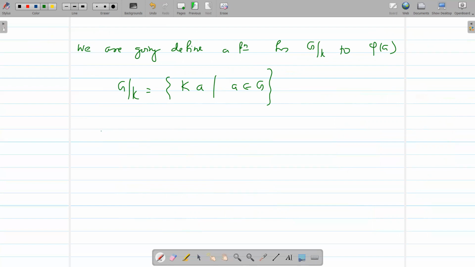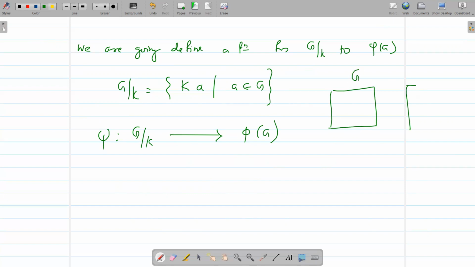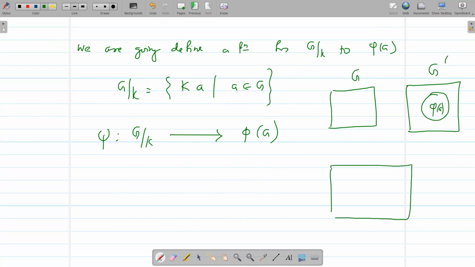Now you define a function psi from G by K to phi of G. See, this is G, this is G dash. Phi of G is inside here, and G by K is the collection of all right cosets.